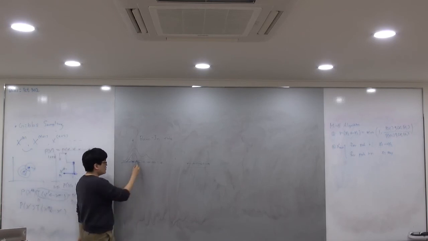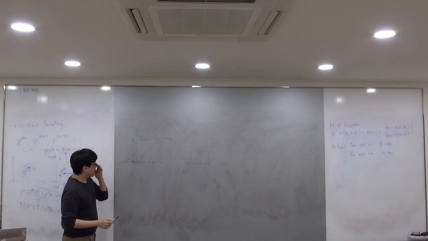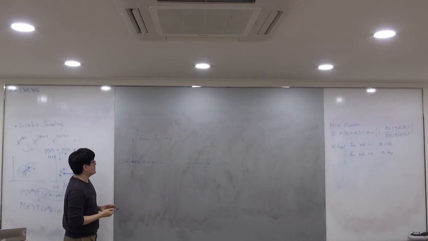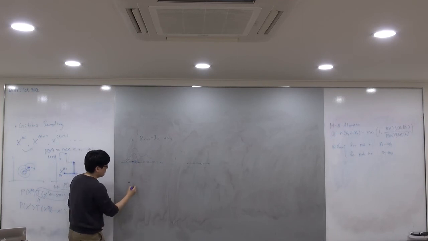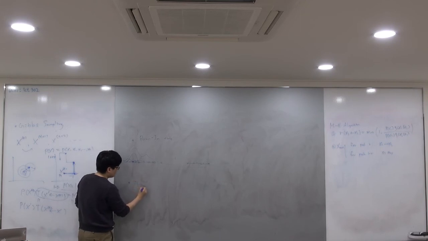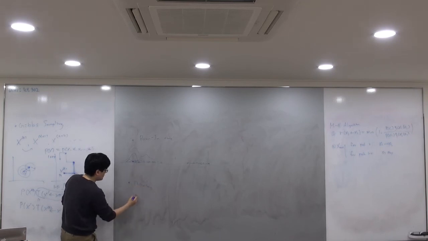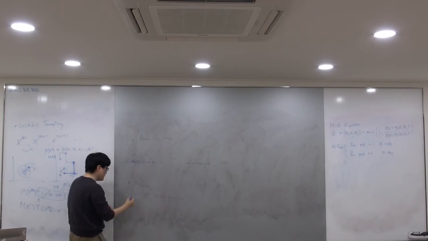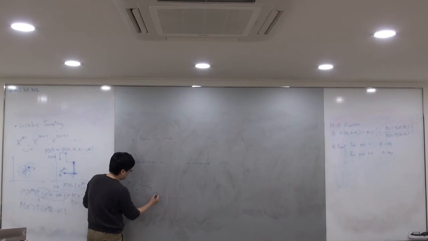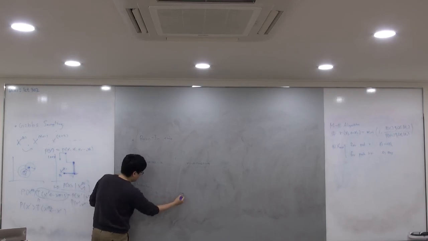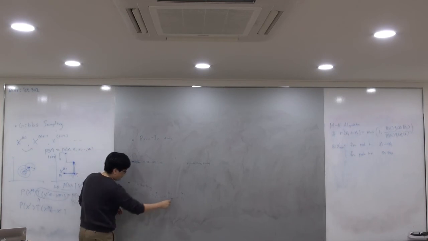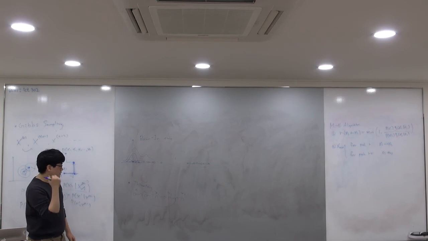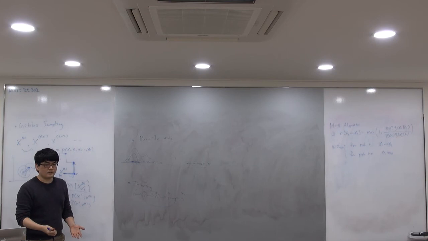So you want to remove this dependency. What you should do is thin, which is basically, even though you are moving from x1, x2, x3, you just throw away this part. You are taking samples every 5 steps, something like that.